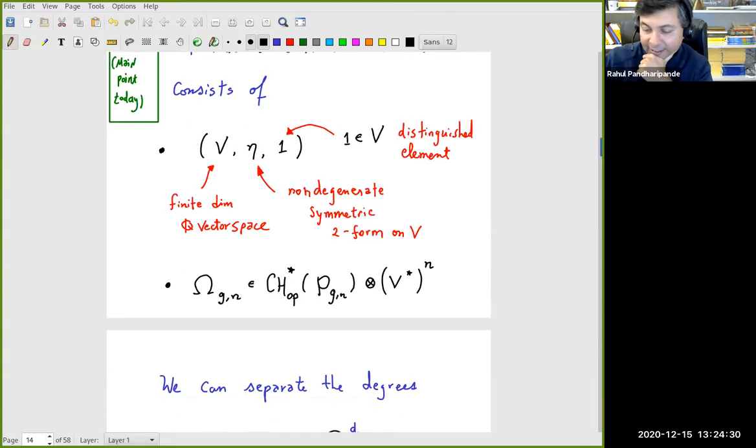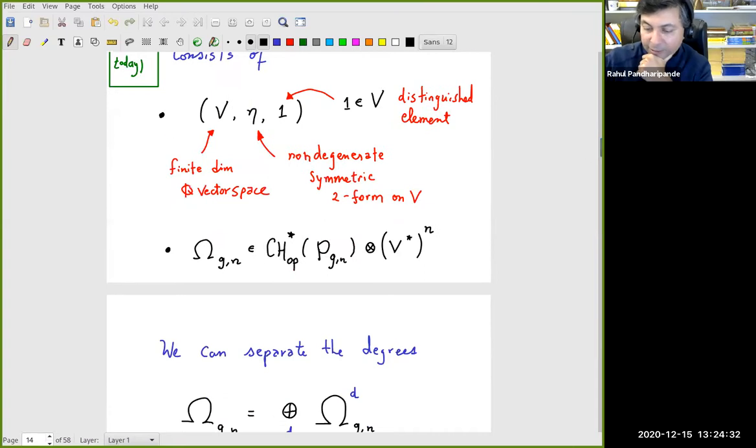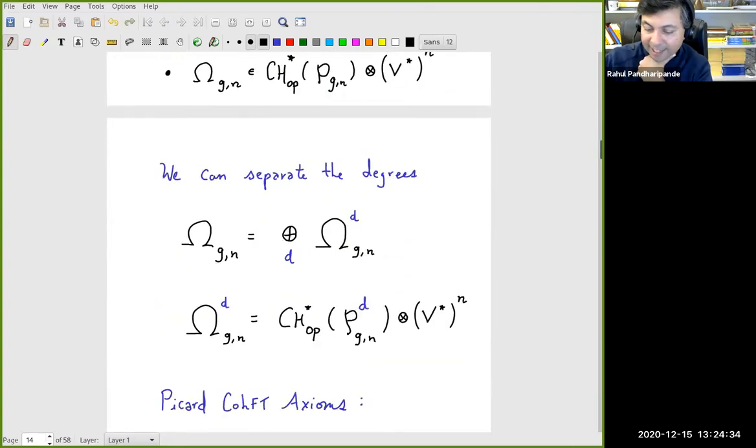And we can separate the degrees. So if I have a Picard CohFT, it's the same as giving an operation for every g, n in each degree, because it just splits. In some sense they don't talk to each other in this way. Later they will talk to each other, but from the point of view of just designing a cohomology class, they're all separate. So you could put a degree grading here.